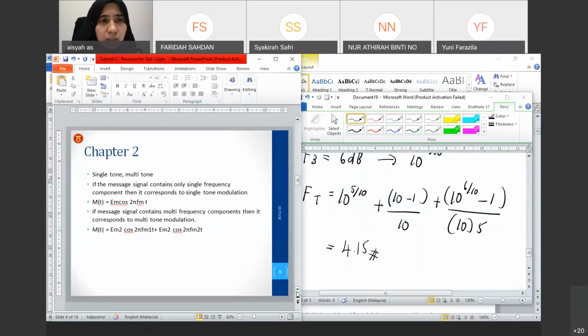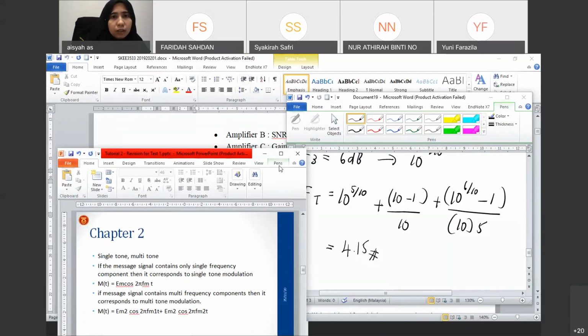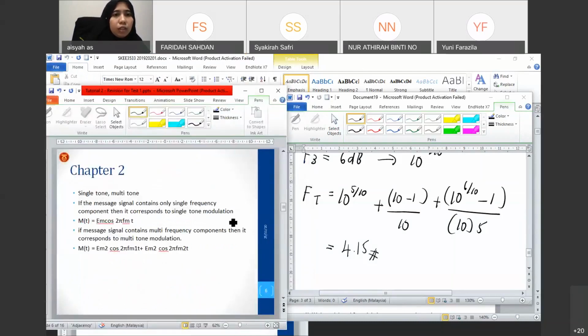The second chapter is amplitude modulations. Okay, for the amplitude modulations, you have learned about the formula for the amplitude modulations, that means the VAM.